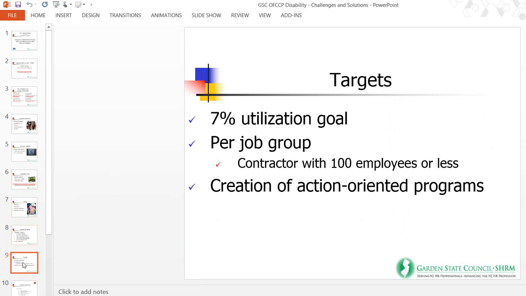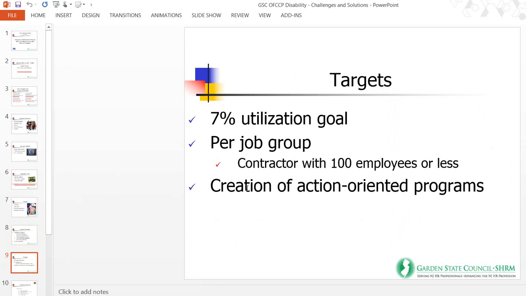And that's where you're supposed to get into action-oriented programs where your goal is going to be to seek out individuals who have a disability to increase the number of individuals with these types of challenges. And so the question is going to be, how do you do that? And you have to be able to show to the OFCCP, should they come in and do an audit, that you have these in place and that you're trying to get to the utilization goal.